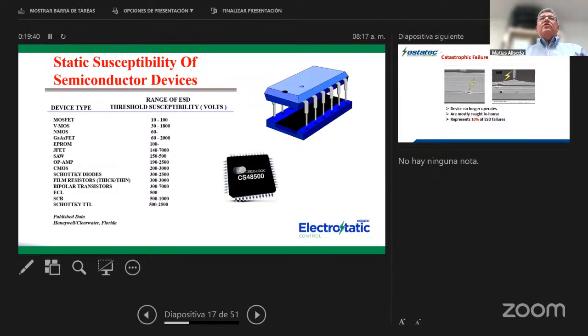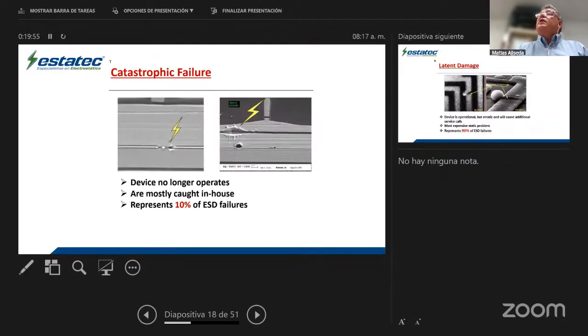So ESD solutions, or ESD control, is kind of fuzzy, because you have to know that something happened inside the semiconductors, and these are the failures.